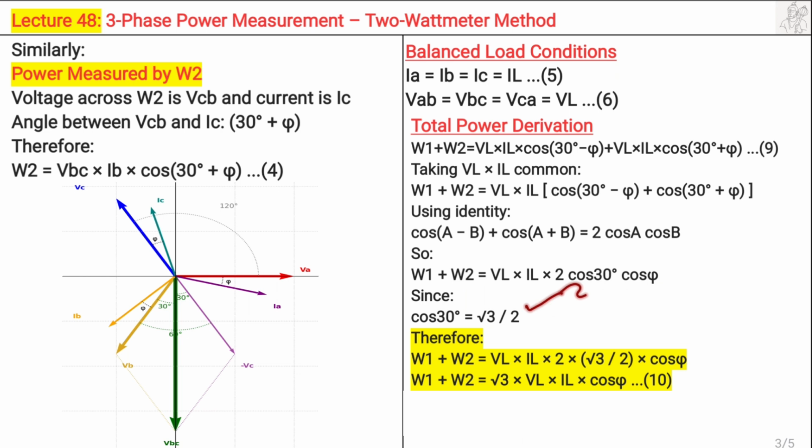Cos 30 is root 3 by 2, so W1 plus W2 is simply root 3 VLIL cos phi. We already know that this is the expression for three-phase power, where VL is line voltage, IL is line current, and phi is the angle between phase voltage and phase current. Hence, adding the two wattmeter readings, we get the three-phase power.